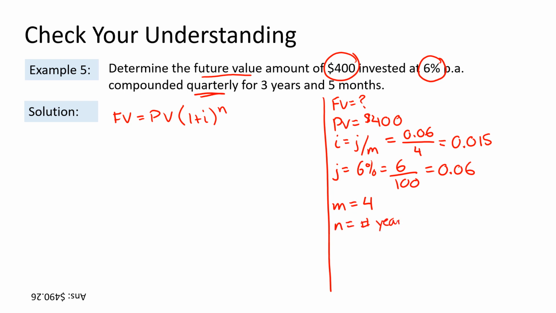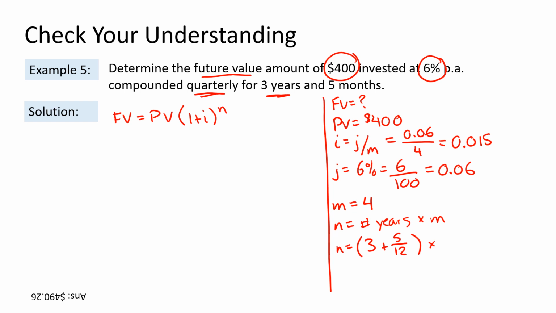Our last piece we need is our total number of compounding periods n, and that's equal to our number of years multiplied by our number of compounding periods per year. Just like our last question, we have years and months, so we have to convert those months to years. Our number of years is 3 years plus 5 months out of a year, so 5 divided by 12, converting to years because there's 12 months in a year.